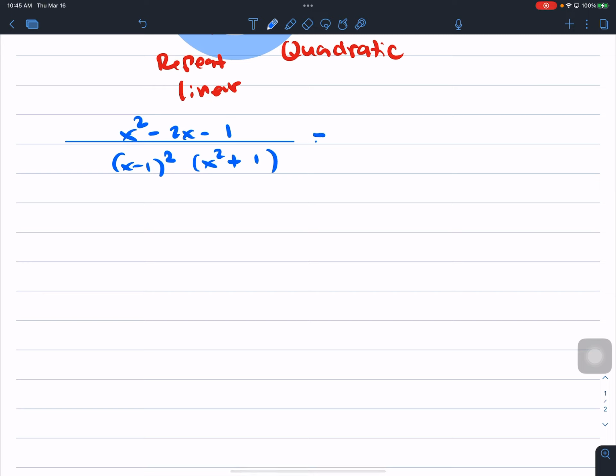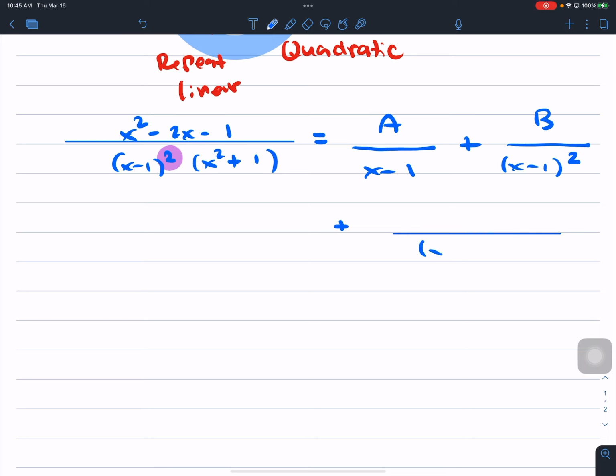How do you deal with repeat linear, that portion here? What power do you start with for that linear term? You start with the first power, and then the next one is going to be the second power. Is that right? Now, what do you put as a numerator there? A and what? B. Okay.